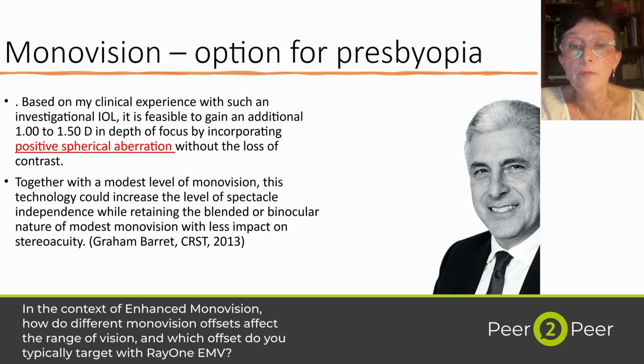And together with a modest level of monovision, this technology could increase the level of spectacle independence while retaining the blended or binocular nature of vision with less impact on stereo acuity. I just quoted Barrett's words, but what is the monovision offset?